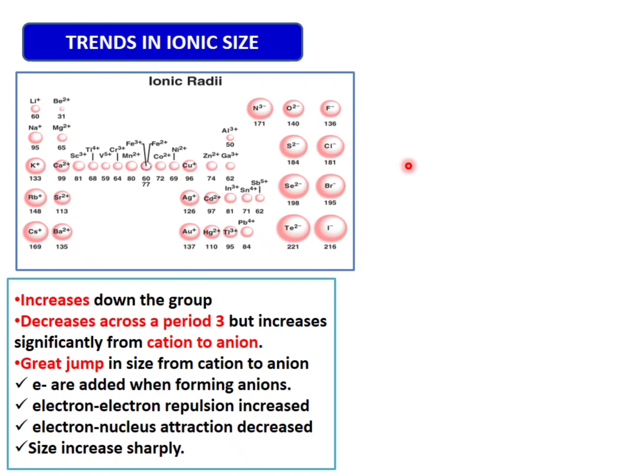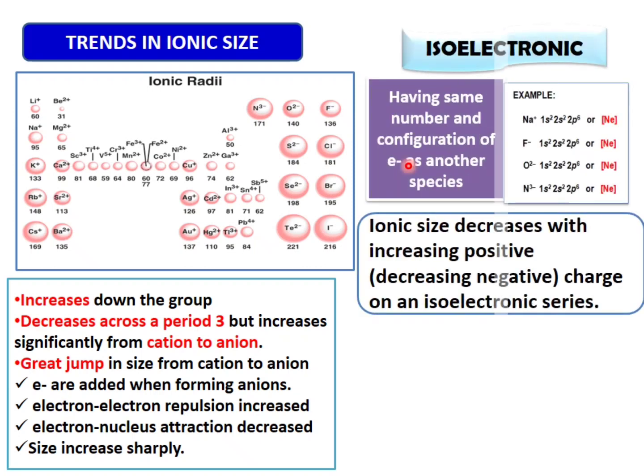Okay, before we look at the trend of ionic size in more detail after this, we need to know about isoelectronic. Okay, isoelectronic means that an ion consists of the same number and same configuration of electron as another species. Konsep dia macam ni kelas.